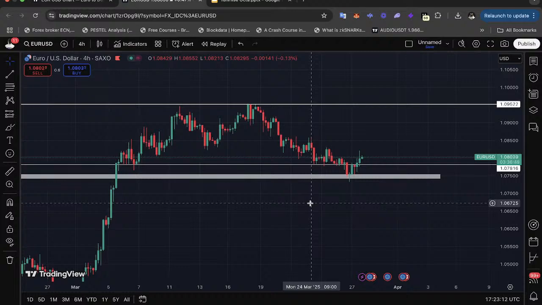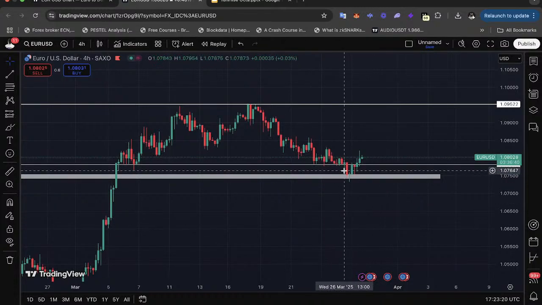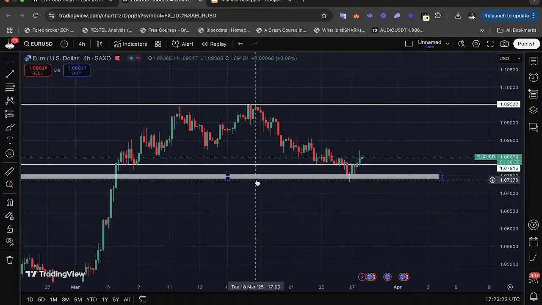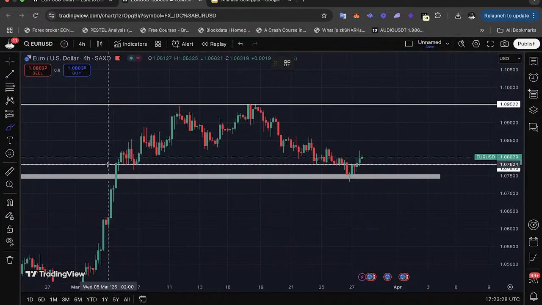All right. So here is what's gonna happen and what I see the market doing. Observe with me. Check out these particular areas.